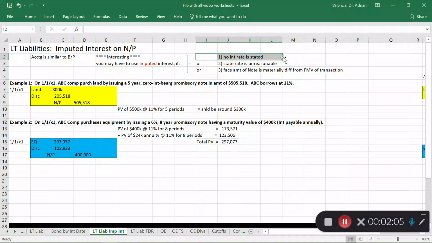If that's the case, then even though the company itself said no interest, internally in their accounting system, they are imputing or computing an interest within the transaction.